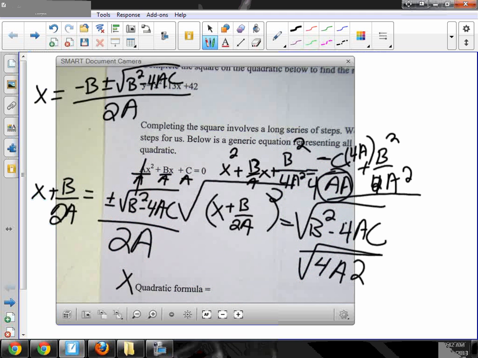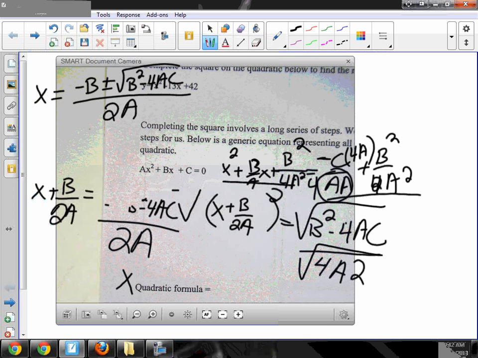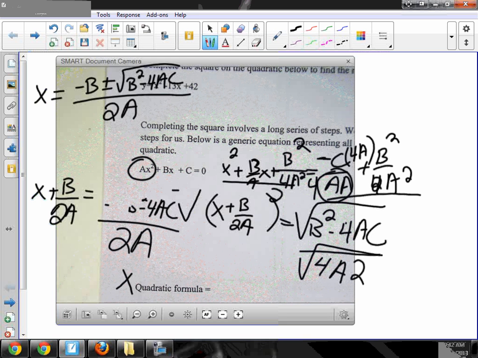If I look at the original quadratic, if a is 0, what do you notice? It's not a quadratic, it's linear. So if a equals 0, then it's no longer a quadratic, so that's never going to happen. If you have a linear equation, you're never going to plug the numbers into the quadratic formula. It only works for quadratics, so we don't have to worry about that.